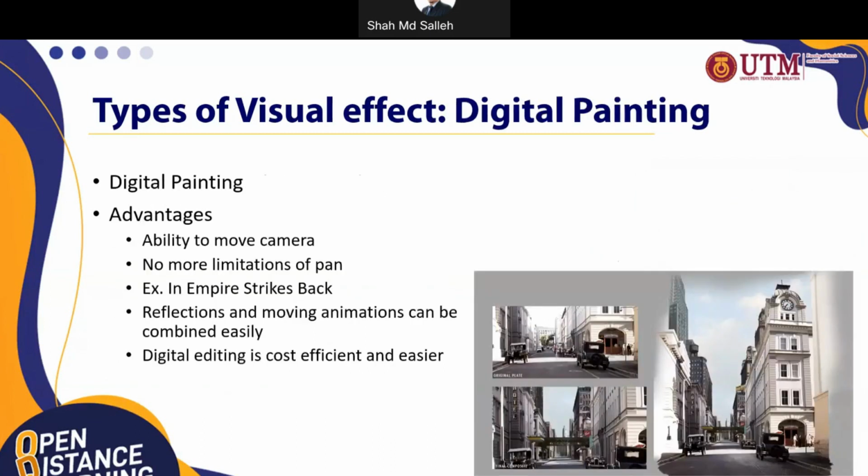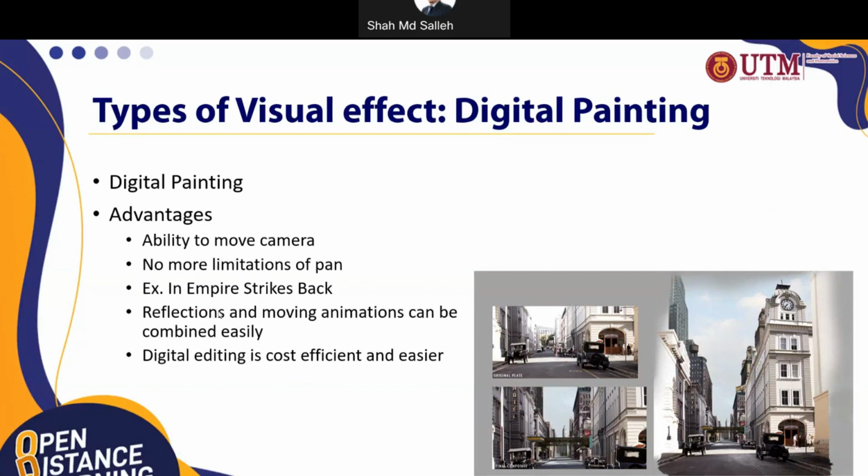Another visual effect uses digital painting. For example, our local Cicak Man, if you notice. This is the real situation, and then it is composited with digital painting to make the final visual. There is the ability to move the camera, with no more limitation.